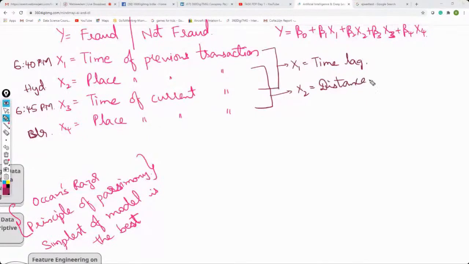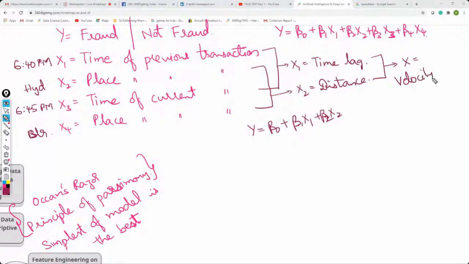And using these two variables, if you build a model, your model will appear like this. Y is equal to beta naught plus beta 1 x1 plus beta 2 x2. Forget it if you don't know what this equation means, okay? That's some mathematical equation. Assume. Now, using these two variables, you can come up with one single variable, which is nothing but velocity.